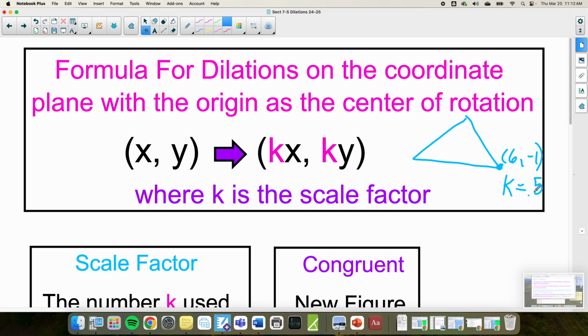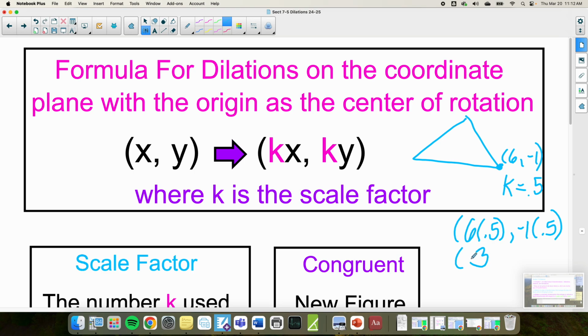How you determine what your new points are is you just take your K and multiply it by the X coordinate, and you take your K and multiply it by the Y coordinate. So it was 6, -1, I would just do 6 times 0.5 for my X, and -1 times 0.5 for my Y. You do not have to show that.